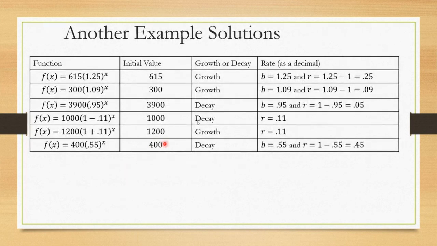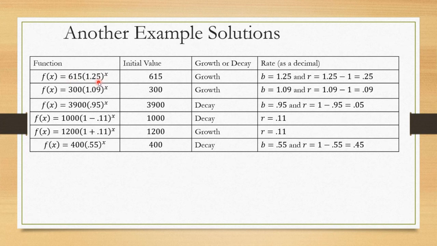And that's also what I was trying to show you with this table. Remember, I gave you these examples, but for each case, you can get the initial value. You can get whether it grows or decays, and you can calculate r. Here, the initial value is 615. That's the value in front.